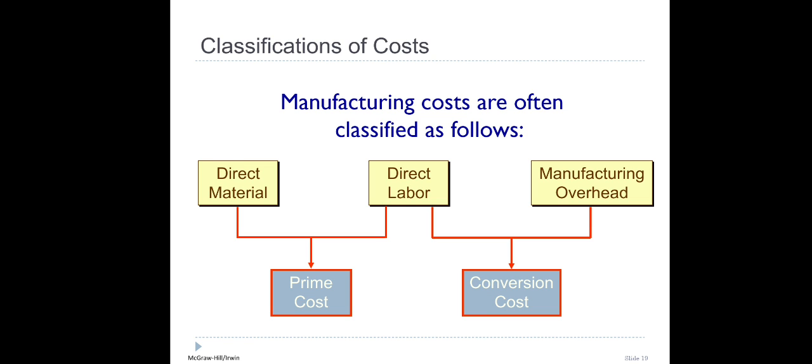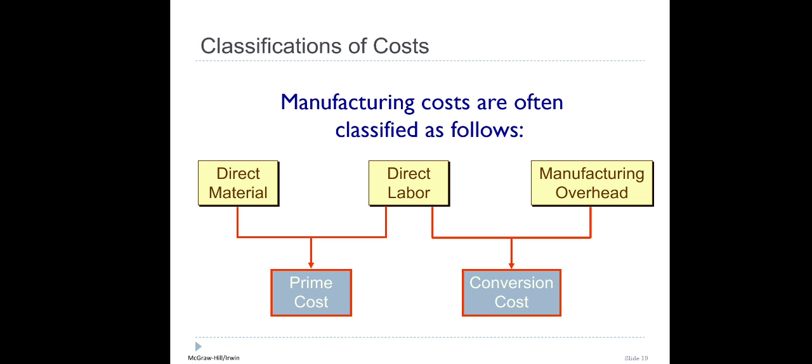And then direct labor cost plus manufacturing overhead cost is called conversion cost. Direct labor cost plus manufacturing overhead equals conversion cost. Why do we call these two costs conversion cost? Because direct labor and manufacturing overhead costs are needed to convert the raw material or direct material to become a finished product.